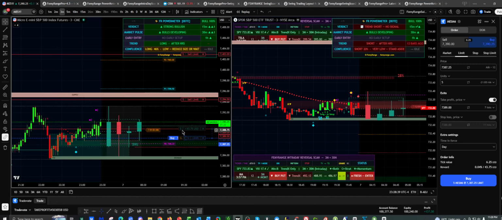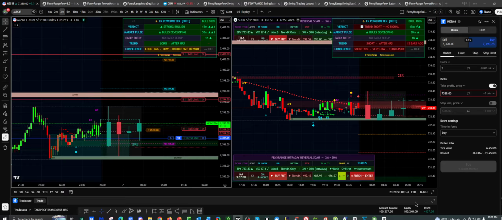That's 43 for each 5, and I have 10. So that's about $86 that I'll make on this trade. As you can see down here, account balance is 100,360 something. The equity is 100,240. The profit right now is 112, which is what we see here. So when it closes, we'll see what my account balance is.